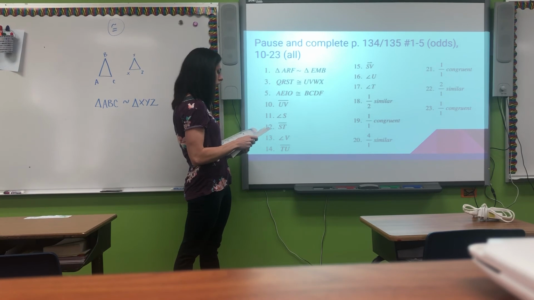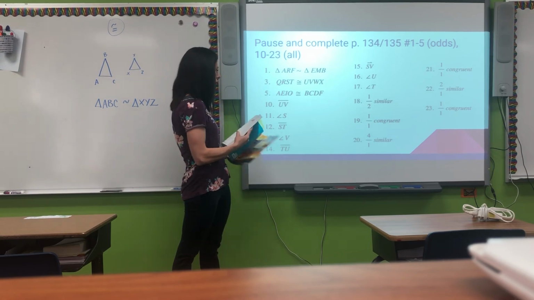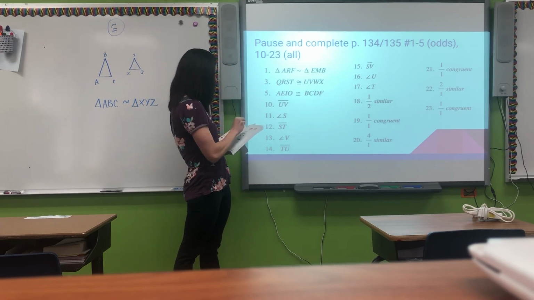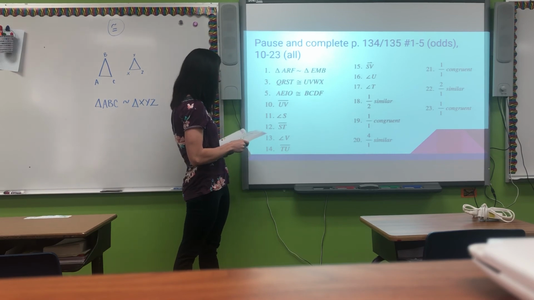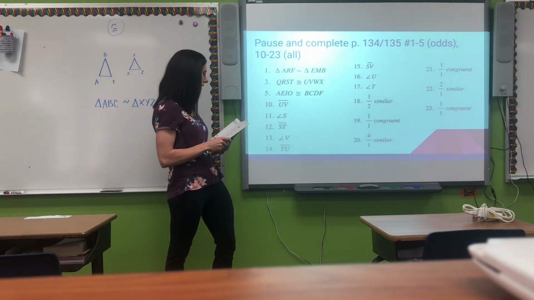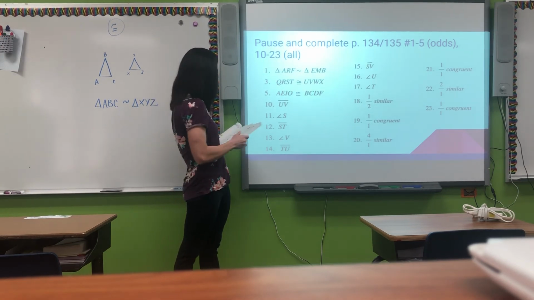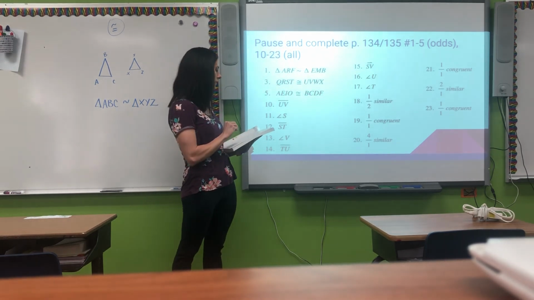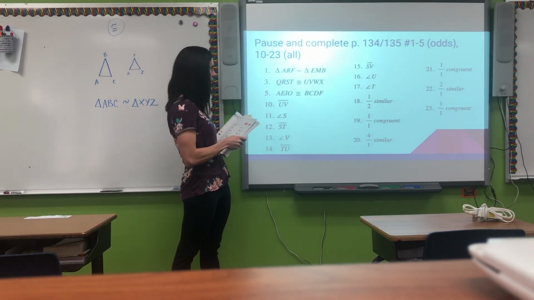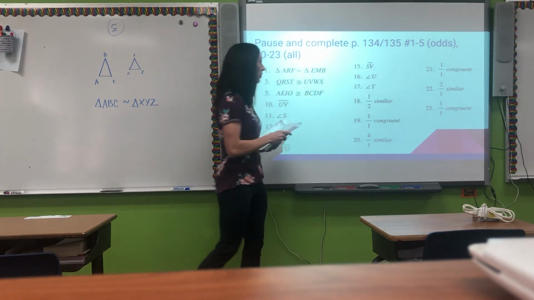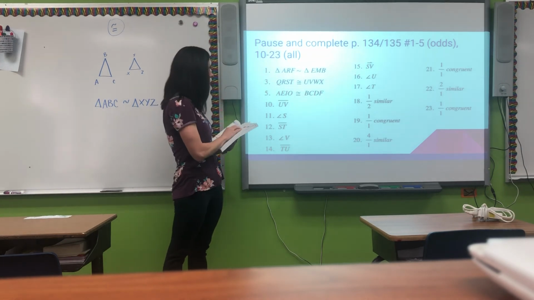Number 11, angle M was congruent to angle S. Number 12, MN was congruent to ST. 13, angle P is congruent to angle V. 14, if side NO is 6 centimeters, then that means TU is also 6 centimeters. I don't know why this has an extra little arrow there. Sorry about that. It should just be our little line.